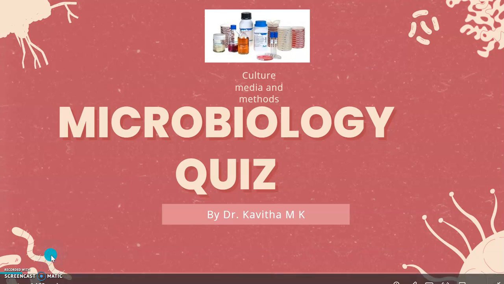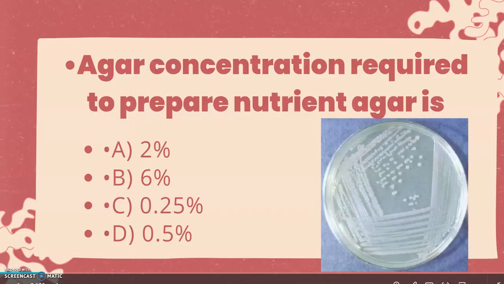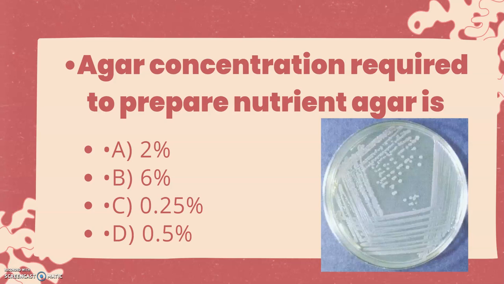So the first question is, agar concentration required to prepare nutrient agar is. The options are 2%, 6%, 0.25% or 0.5%. Agar concentration required to prepare nutrient agar.